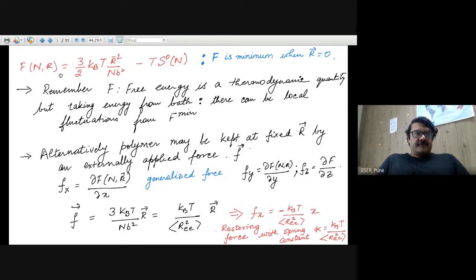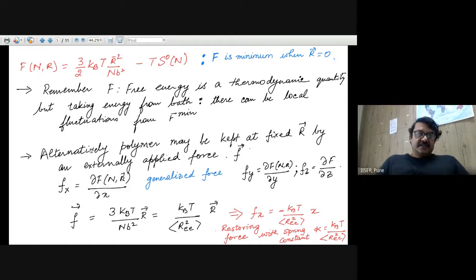so F(R), finally I have just rewritten the expression from the previous slide, and remember that free energy is a thermodynamic quantity, yes, but taking energy from the bath, there can be local fluctuations from the free energy minimum. So this is the minimum free energy, so it can take energy from the bath and explore different conformations, right?